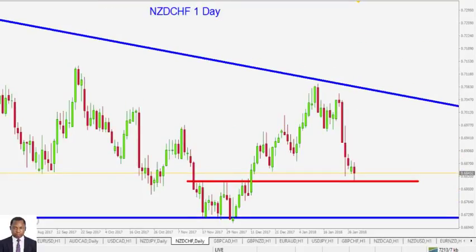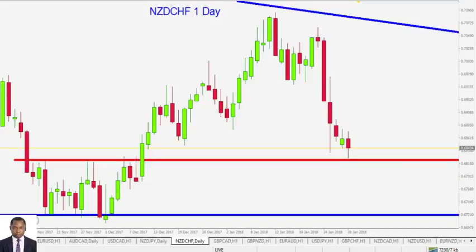Okay, so the best course of action here is to wait at this particular level, and once price makes that pullback, this is where you want to hit your sell button in the New Zealand dollar against the Swiss franc. Currently price is trading around an area of support, and we are seeing some hesitation, some rejection of that level.